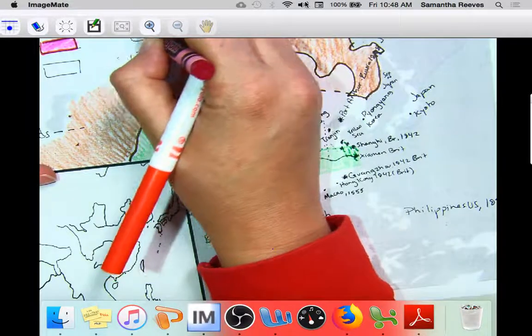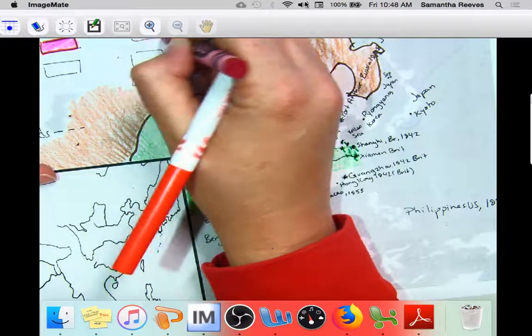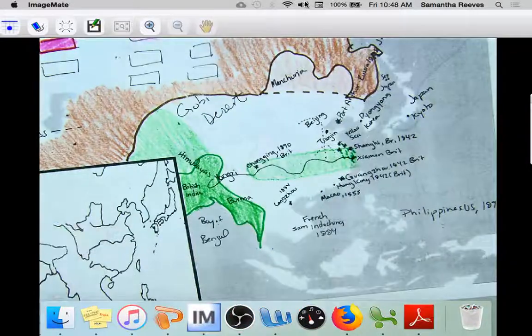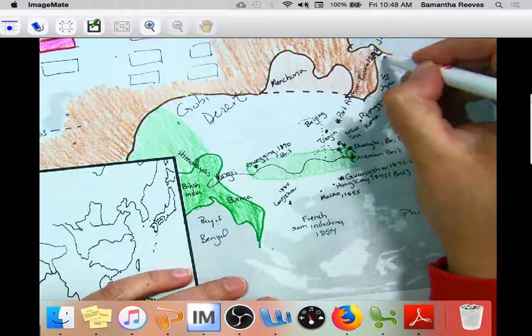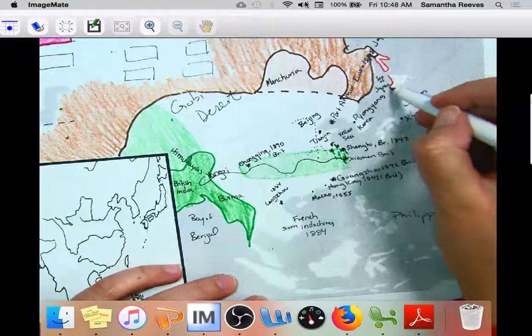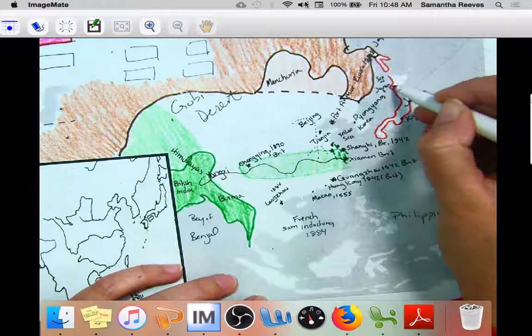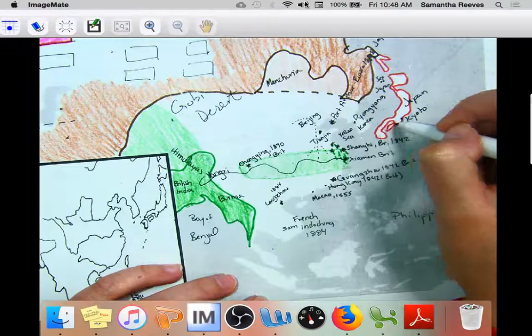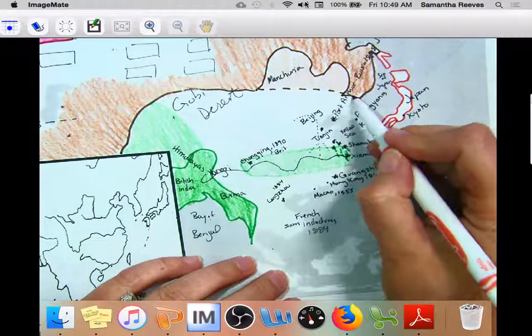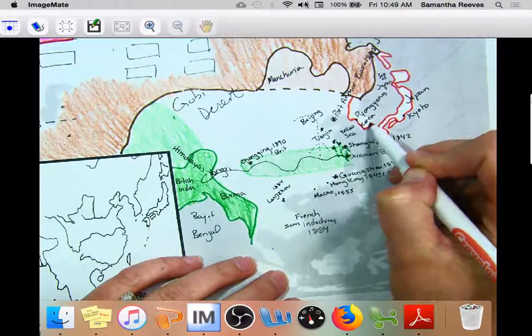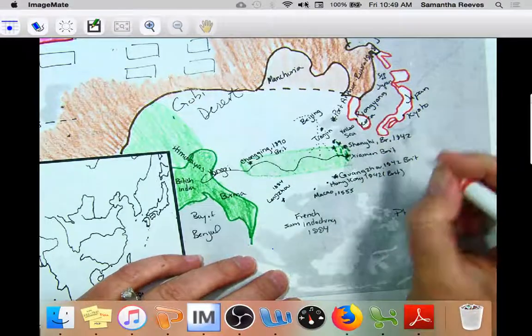With my light red for my spheres of influence. Okay, so for my heavy red, my dark red, all of these belong to Japan outright. Obviously, the islands of Japan are owned by them. They also are going to outright own Korea. Now, if they're owning all of this territory, ladies and gentlemen, what do they have to be?